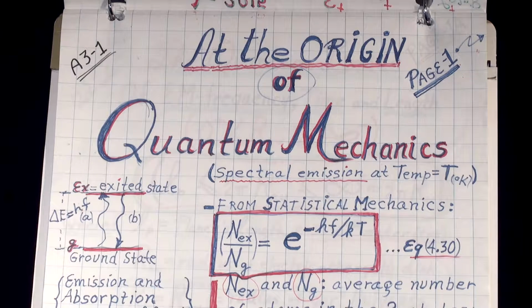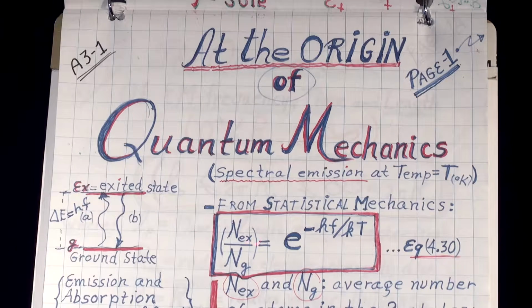So if an energy pack HF is shot at the ground state, it will be excited, okay, and then there will be a return to the ground state with the emission of a photon. If it goes to a higher state, there could be 2 photons.